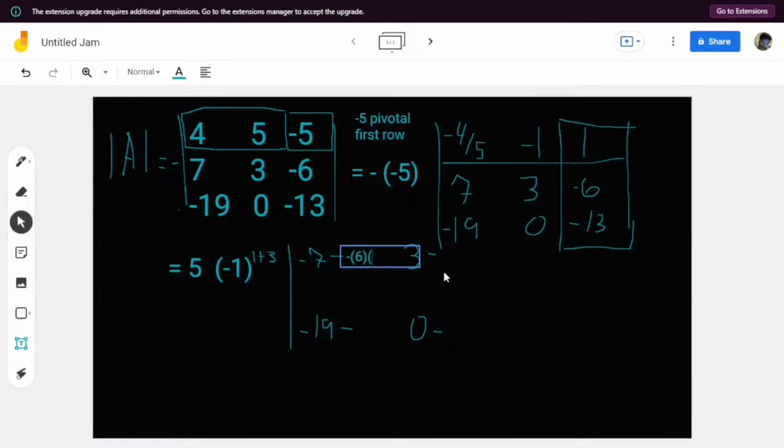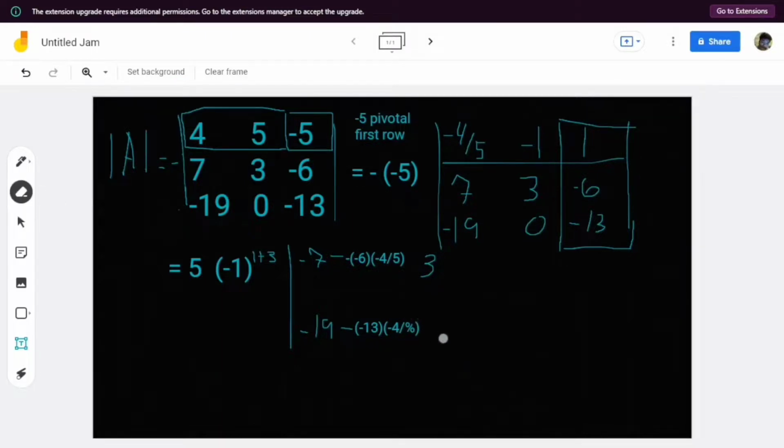That would be negative 6 times negative 4 over 5. I'm just going to move the 3 a bit so we'll have more space. Next is negative 19 minus negative 13 times the same column, which is negative 4 over 5. And again, I'll have to move the 0 so I'll have more space while writing.